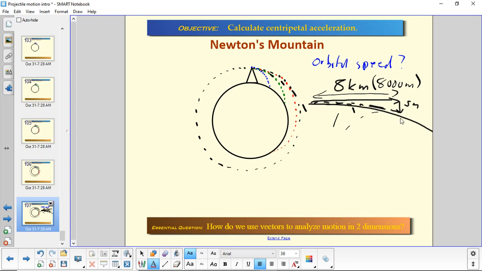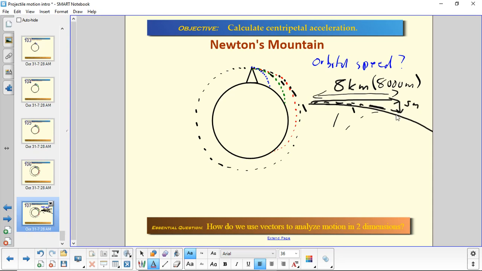We find that the distance fallen is 1/2 gt squared, and if t is 1 second, it comes out to be 5 meters for the drop, pretty close, 4.9. And if you look at the curvature of the Earth and you do a straight line tangent and you go out 8 kilometers, about 8,000 meters, the curvature of the Earth will drop the surface of the Earth about 5 meters below that level reference point.